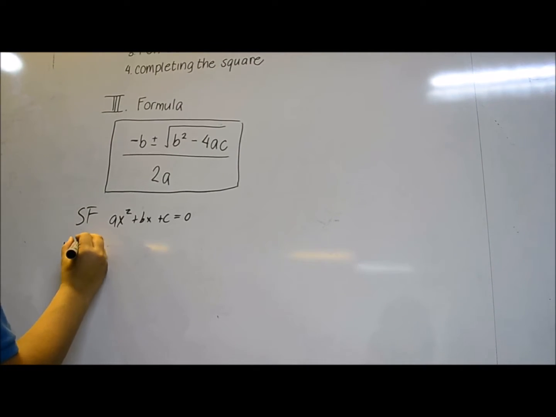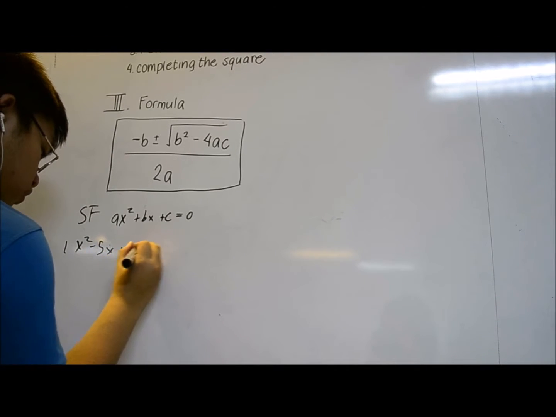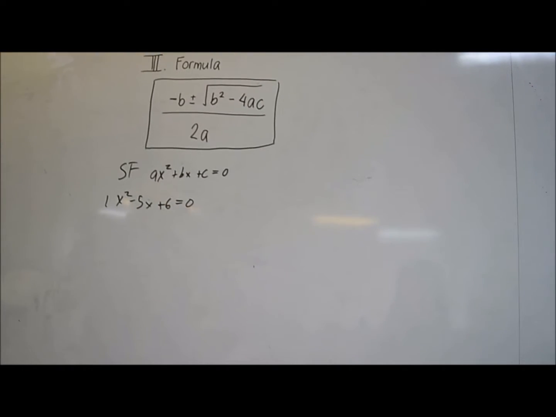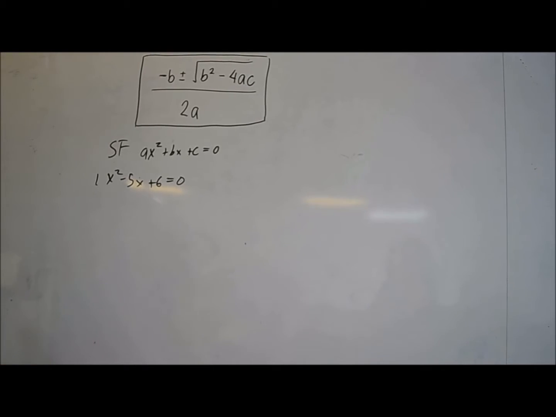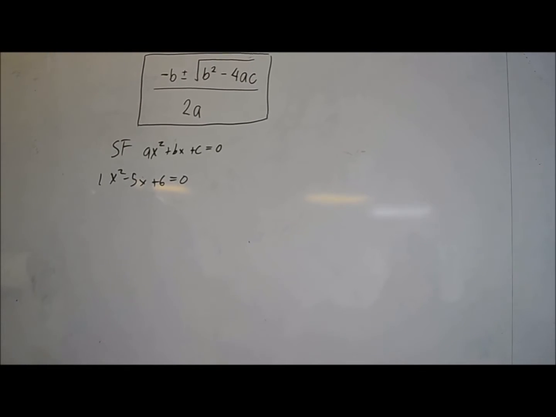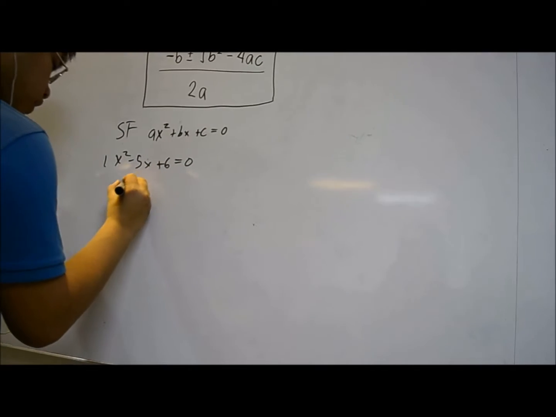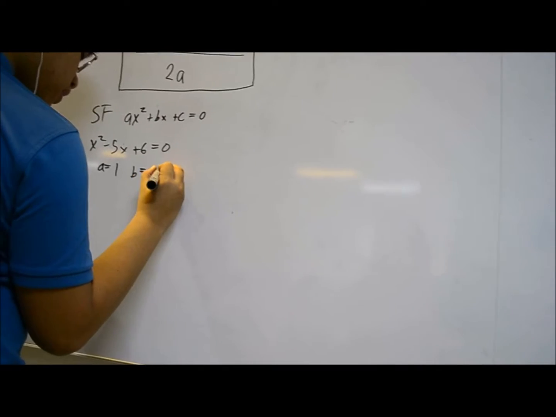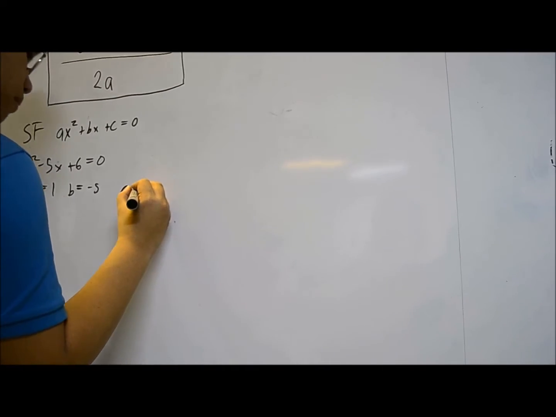Remember the previous example, x squared minus 5x plus 6 equals 0. Let's use this time the formula in finding the roots of this quadratic equation, and let's find out if we will get the same answers. The value of a here is positive 1, the value of b equals negative 5, and c is positive 6.